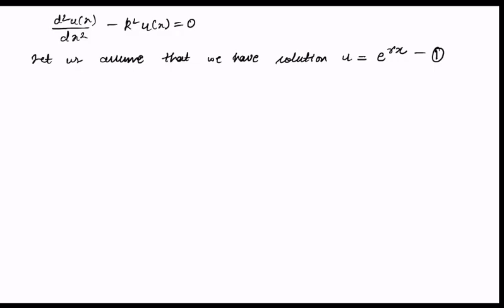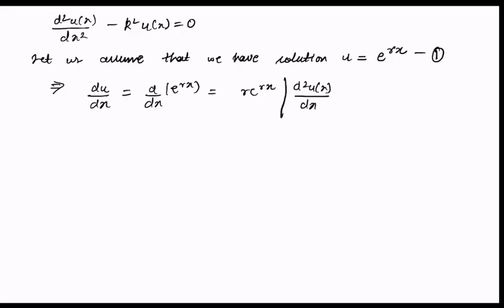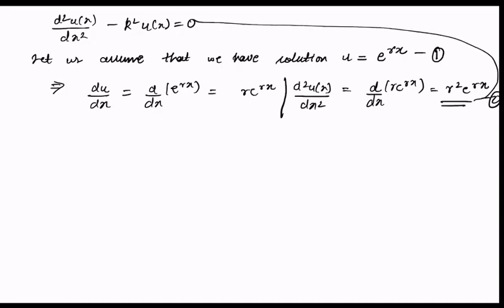Okay, in that case you just take the double derivative of this. du by dx will be r e to the power rx, and d square u by dx square will become d by dx of r e to the power rx, which will become r square e to the power rx. Now we substitute this back into the equation.